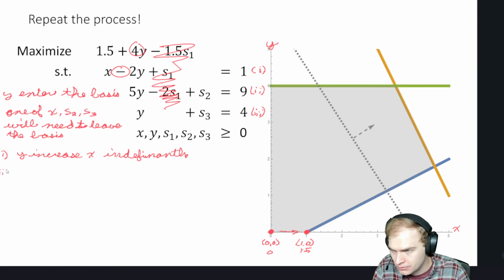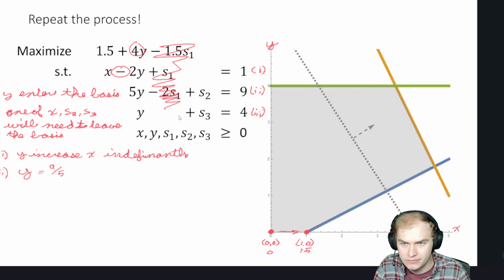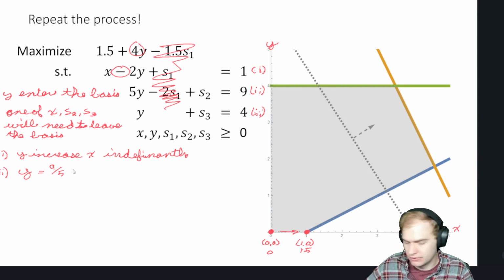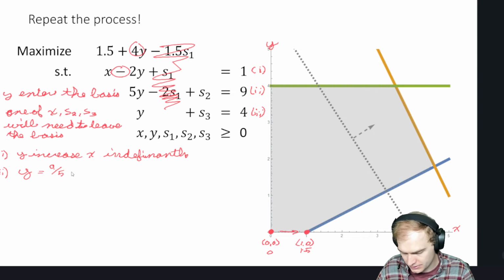Two gives us that y equals 9 over 5. If we set S2 to 0, we get 9 over 5, which is, I forgot to compute this numerically, 1.8.